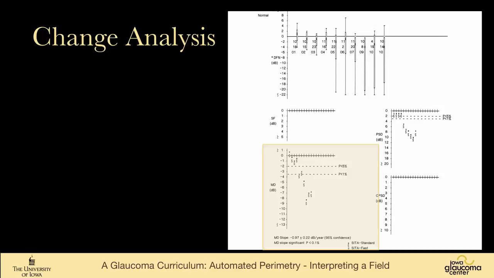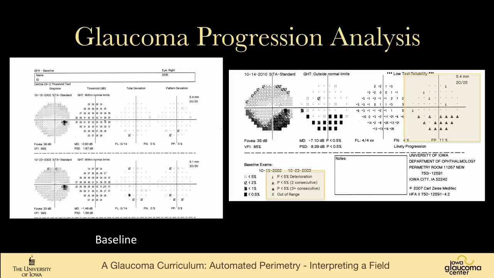So there's mean deviation, pattern standard deviation. There is a glaucoma progression analysis. It takes 2 baseline visual fields, usually not the first field because the first field has a learning effect. So these 2 fields were done in 2002, 2003, and this was from 2010, and it assigns probability of progression to all of the points.